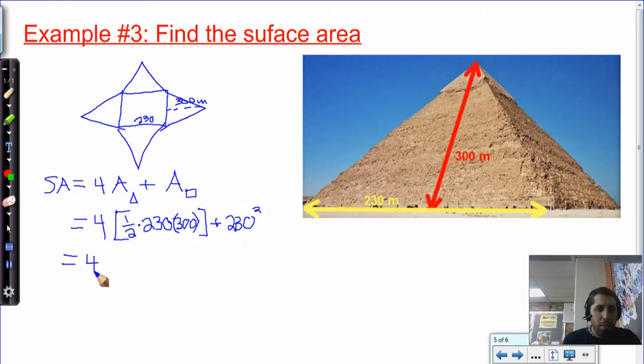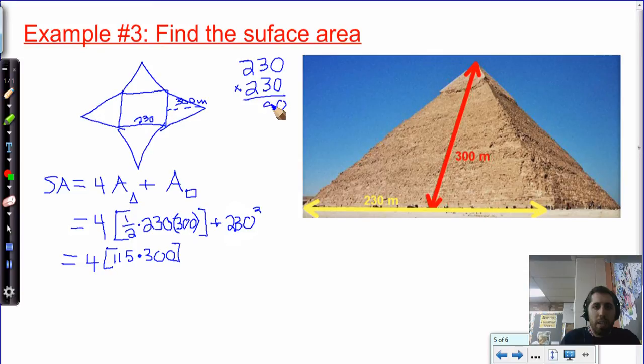So it'll be 4 times the 1/2 times 230, that would be 115. 4 times 115 times 300. And we still need to do 230 squared. I'll do it up here. And I hope that you're doing this work as well. I'll just hold my placeholder so we can move straight to the tens place.